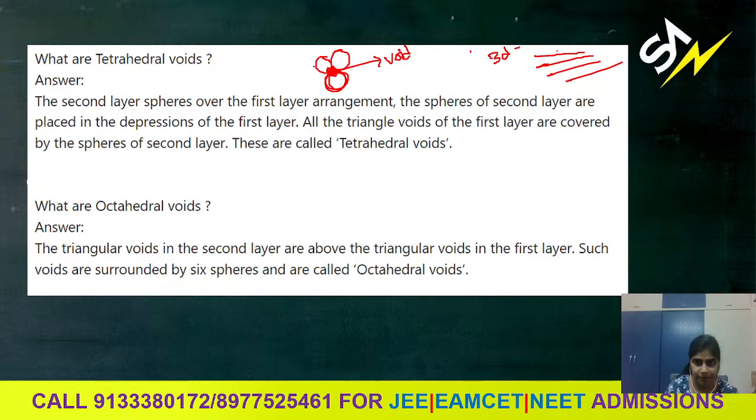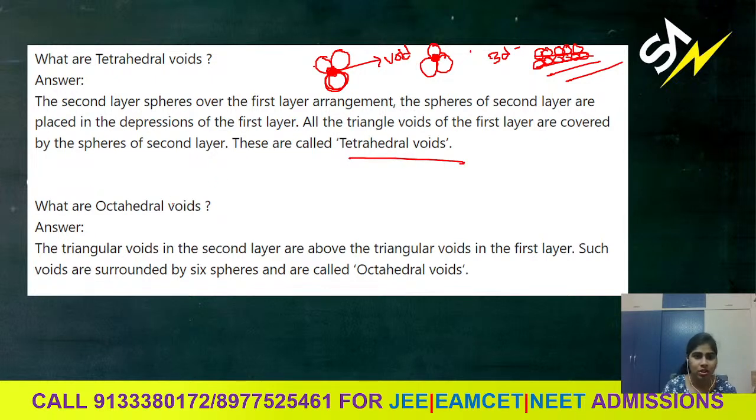If we place spheres in this layer and spheres in this layer, what happens? All the triangular voids of the first layer are covered by the spheres of the second layer. A triangle is formed by 3 points, right? So the void formed between the triangular layers, those types of voids are known as tetrahedral voids.